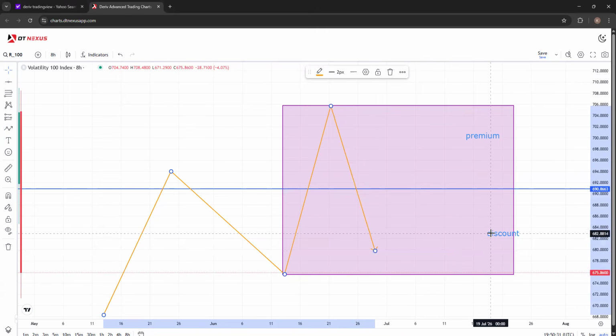In the discount level, this is where price is cheap, right? So you can get your tomatoes, let's say, for 10 naira. And as you get them for 10 naira, what you would want to do is sell them, let's say, here.